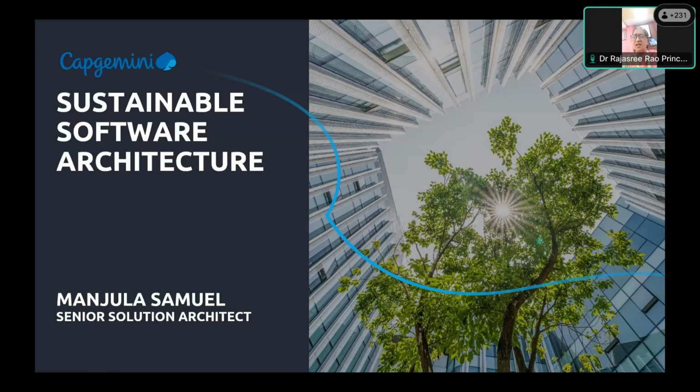Moreover, Manjula is entrusted with the responsibility of developing competencies, solutions, and abilities that establish a leadership position for Capgemini in the industry landscape. Her visionary leadership and commitment to excellence have consistently driven innovation and value creation for clients and stakeholders alike. Please join us in welcoming Manjula Samuel, a visionary leader at the forefront of technology innovation, as she shares her invaluable insights and experience with us today.